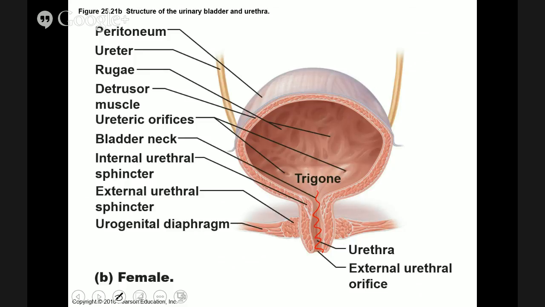Now you'll notice that we have two muscles right here at the neck of the bladder. These are called the internal urethral sphincters. These are involuntarily controlled. This is controlled through the autonomic nervous system. Smooth muscle.